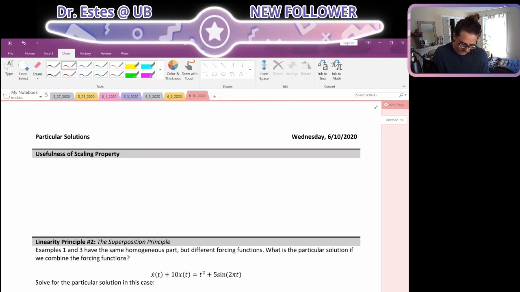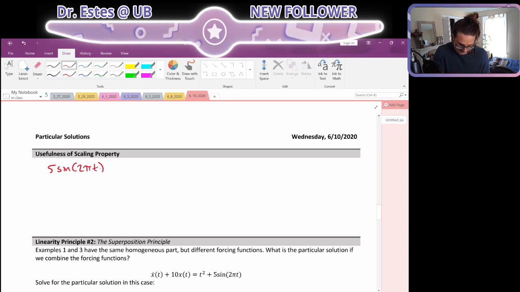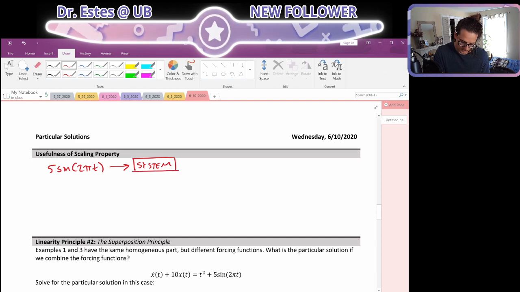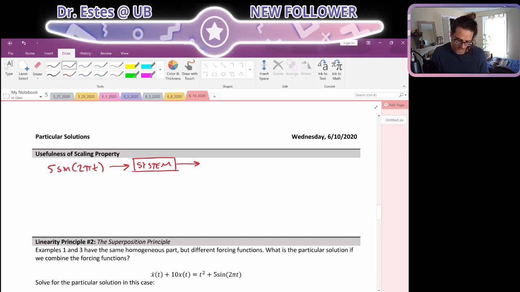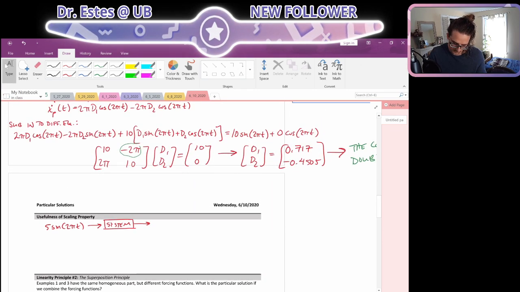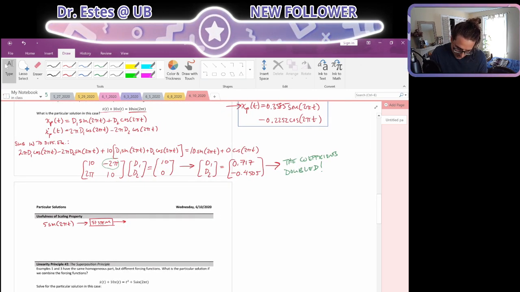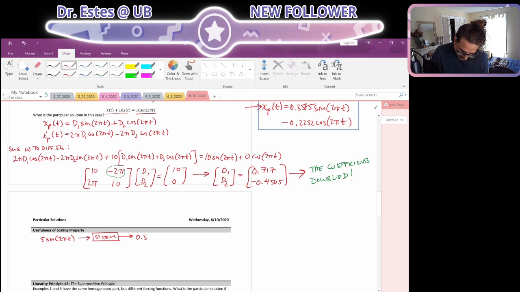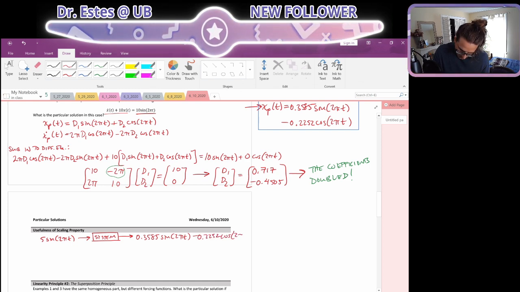So we had 5 sine 2 pi t, and we applied this to our system, and we calculated 0.3585 sine 2 pi t minus 0.2252 cosine 2 pi t.